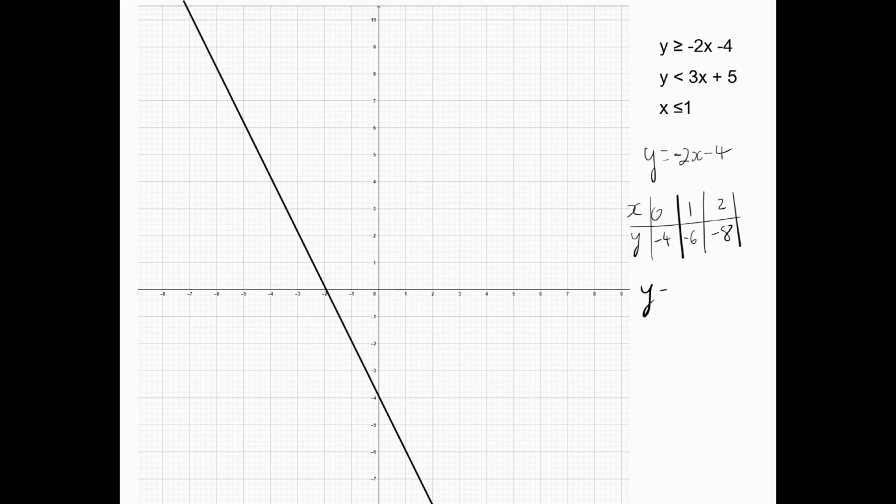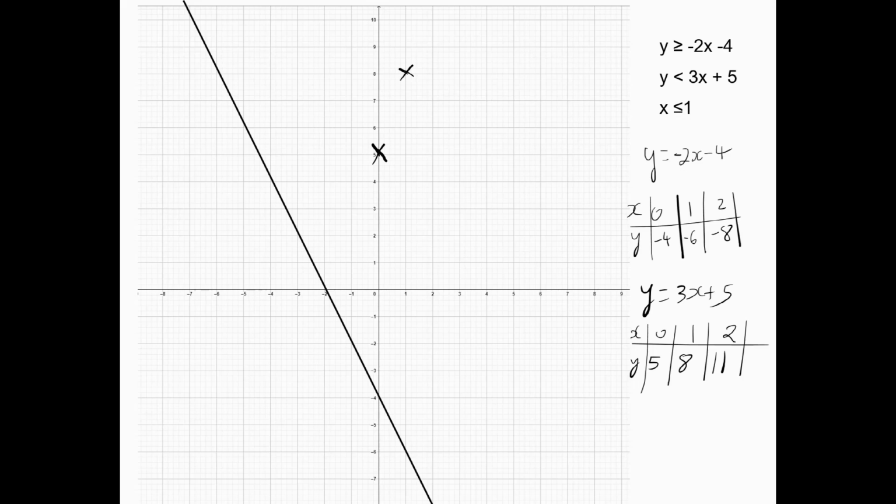Now, for the second one, I want to draw the line y is equal to 3x plus 5, and I'm going to use the same method as before. Just pick any three x values, substitute them in. I get 5, 8, and 6 plus 5 is 11. Any two values will do really, but 3 is just a way of making sure.